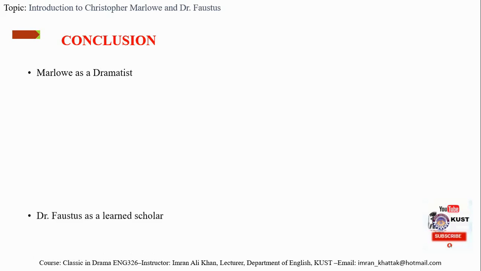Then we discussed Dr. Faustus, a learned scholar who sells his soul to the devil for 24 years of life. He was a doctor of divinity. He was expert in physics, in law, and all other fields. But his main ambition was to have more power, to have more knowledge, so that he may be able to control more people, to dominate more people.